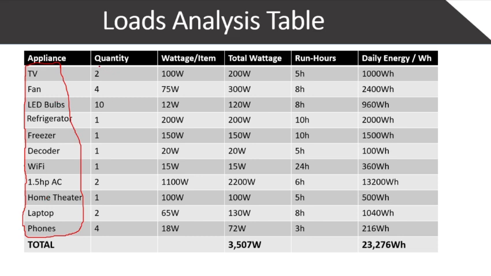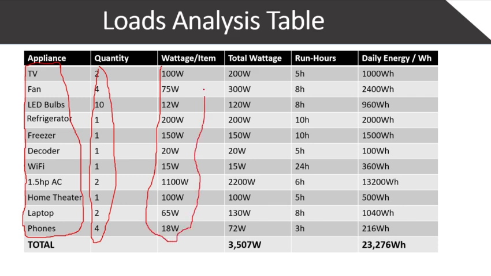The next column is the quantity, the number of our appliances. The next column is their wattage, that's their power consumption, which is in watts. So this is where we are going to list them. The next one is the total wattage of our appliances.